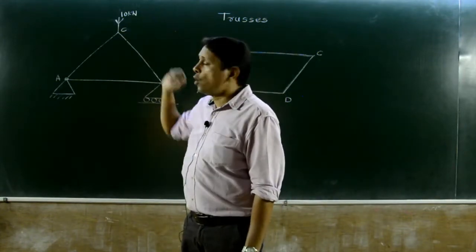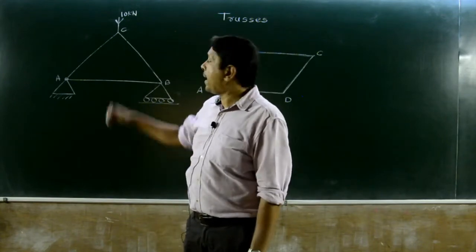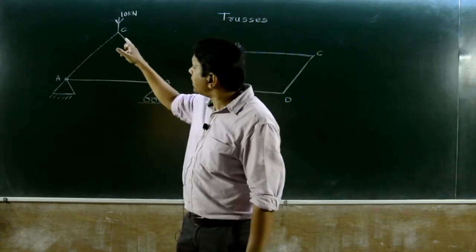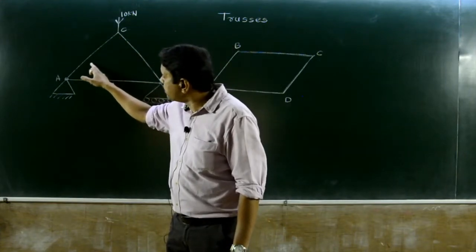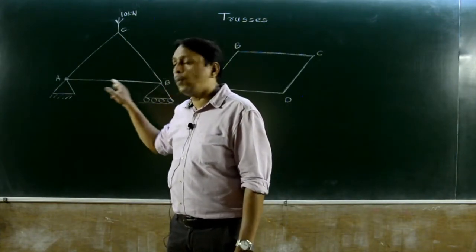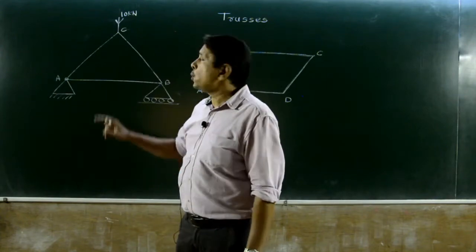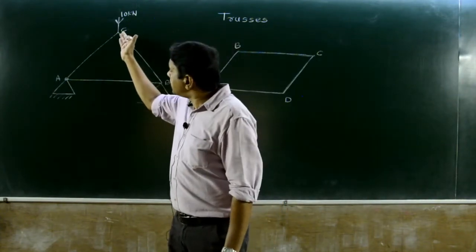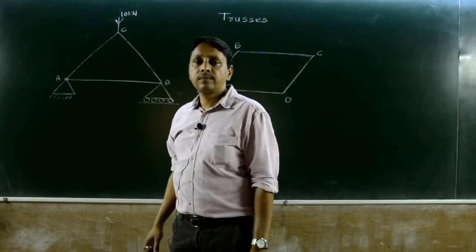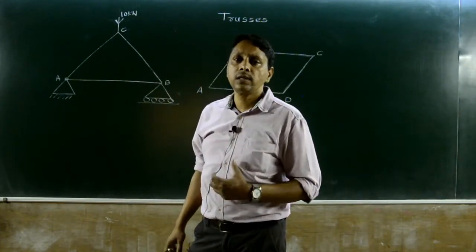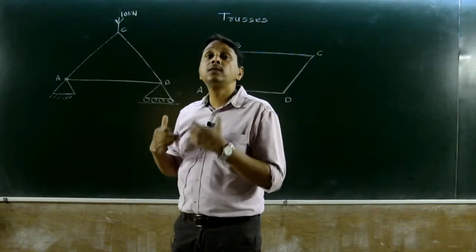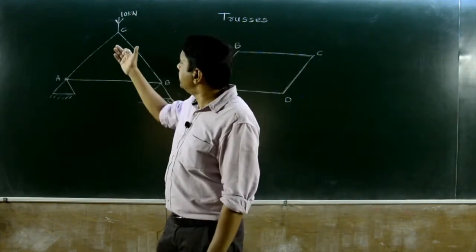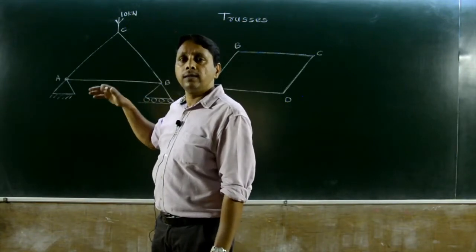The load applied on a truss, wind load or any other load, is transferred along the axis of the members up to the support. In that process, forces develop in the members.